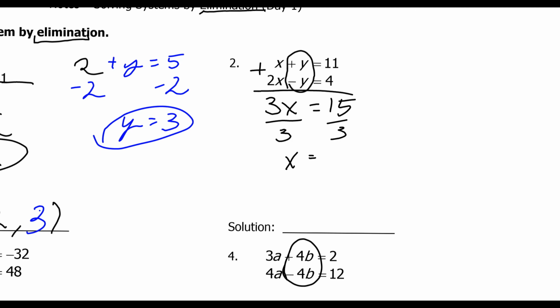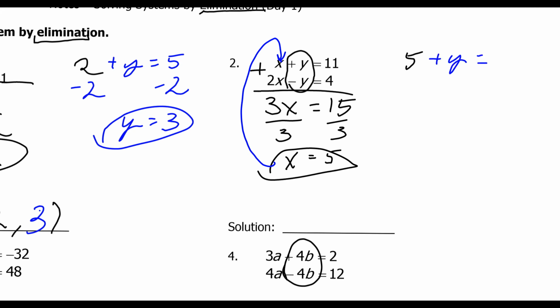and x equals 5. Now we're going to take that 5, and plug it back in for x. What we're going to be left with is 5 plus y equals 11. At that point, it's just simple number crunching, something that y'all should already be very good at.